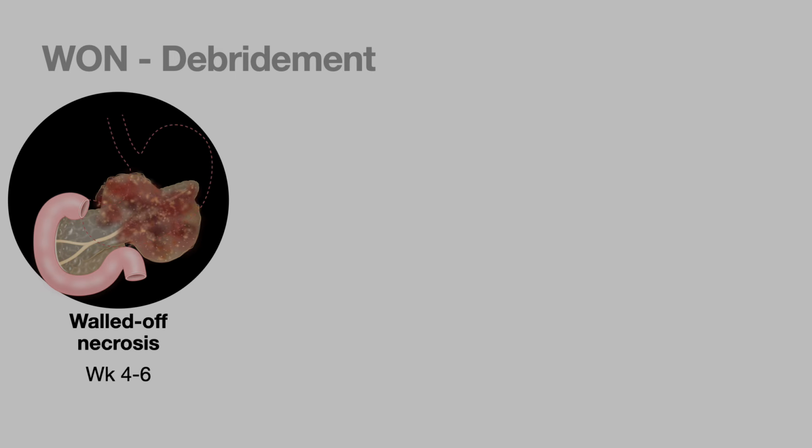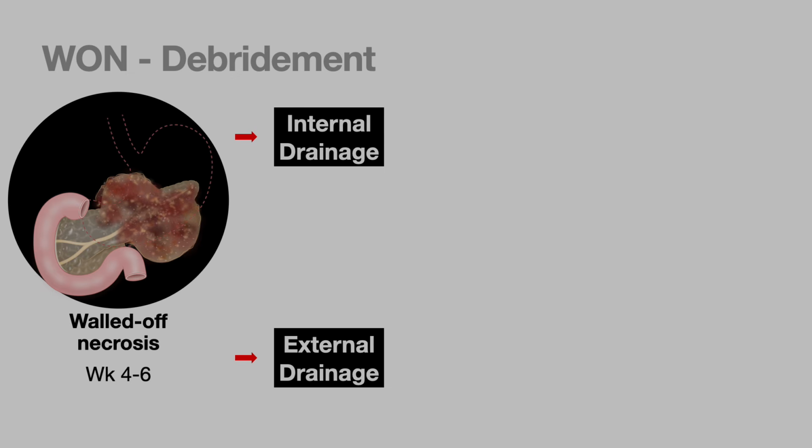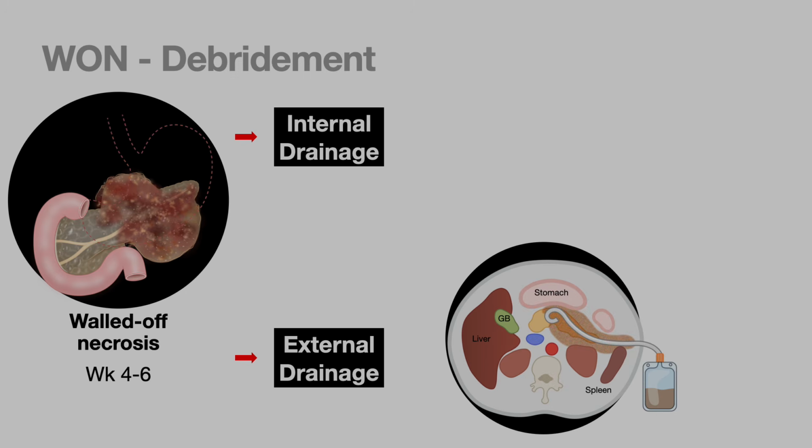You could either consider internal endoscopic drainage or external, interventional radiology directed drainage. External drainage is done by putting a catheter under ultrasound or CT guidance into the pancreatic fluid collection, especially if it is laterally located, with necrosis, it will help.